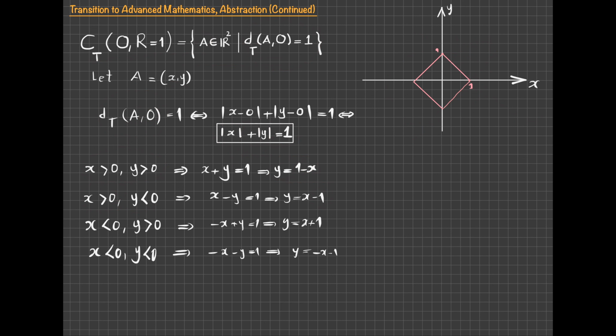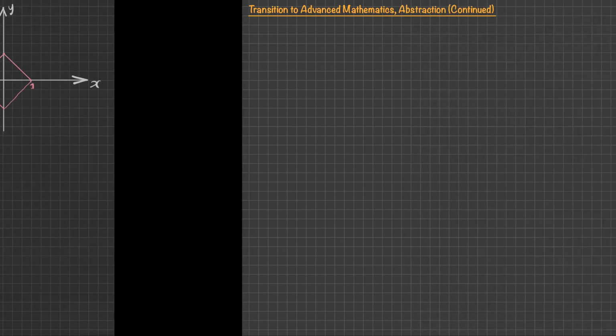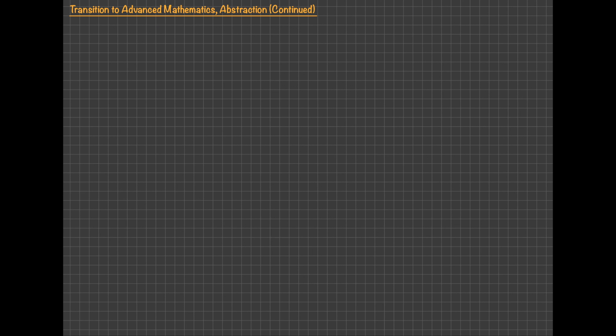Another notion is, let us try to actually warm up a little bit with this new metric and discover a little bit interesting things. Let me talk a little bit about the perpendicular bisector. Okay, so let me review a little bit about this concept from just the normal Euclidean geometry.